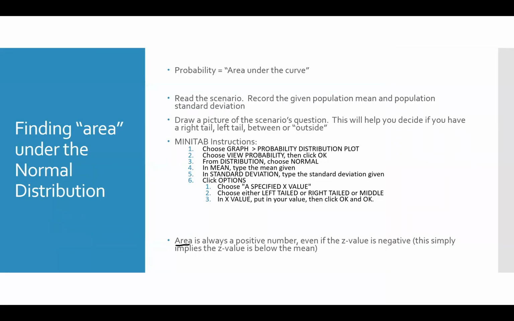Okay, I mentioned to you earlier, and again, we saw this last week, that probability corresponds to the area under the curve. So when you see that phrase, area under the curve, they're actually also asking you for the probability. They're just using different words.